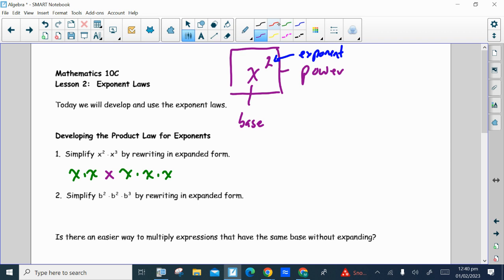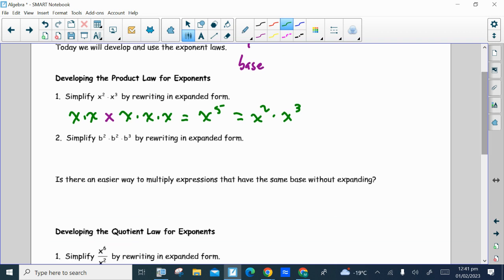So that would be that expression written in expanded form. And if we look at this, we're actually multiplying x together 5 times, so that could be written as x to the power 5. That is equal to what we started with, x squared times x cubed. X squared times x cubed is the same as x to the power 5. It's just simplified.